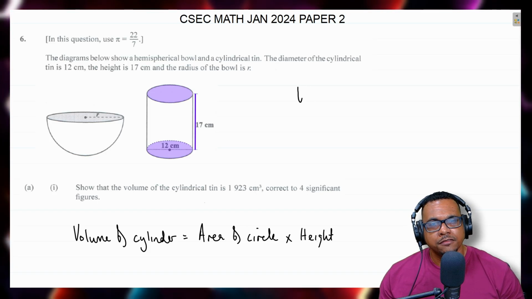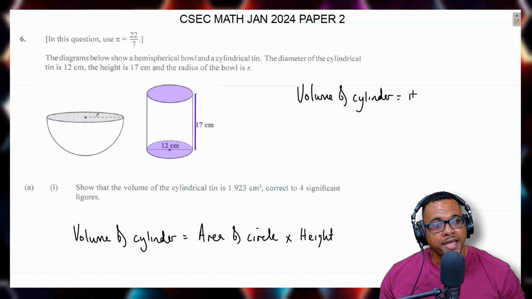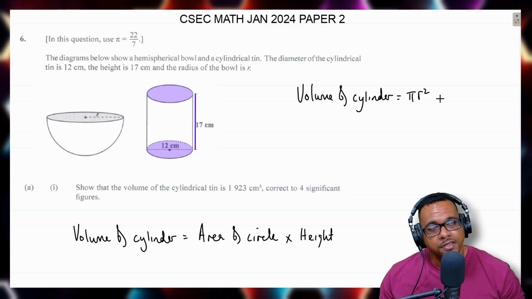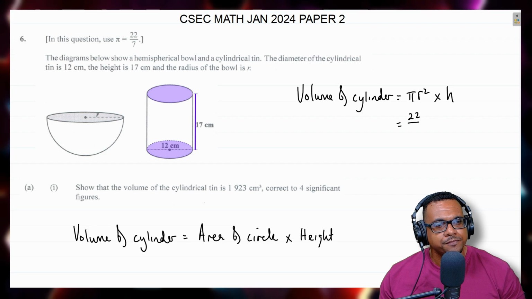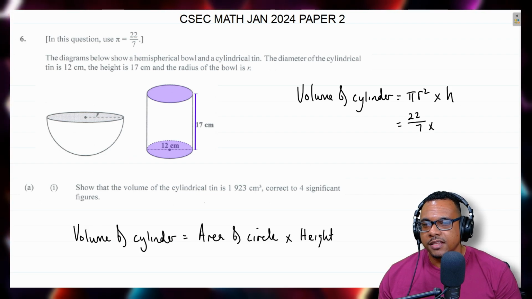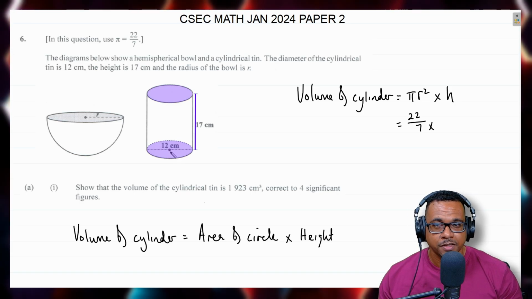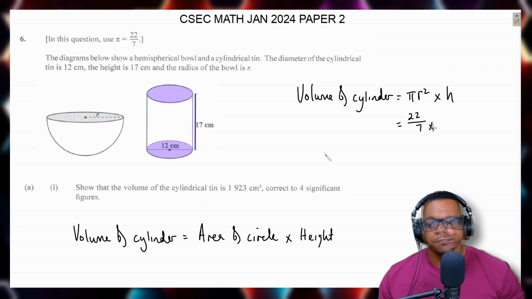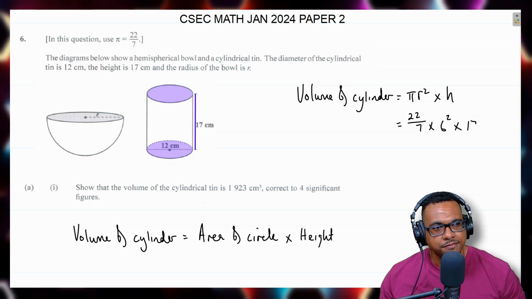So that's going to come up here, volume of cylinder is equal to pi r squared, which is the area of the circle, multiplied by the height of the prism. So pi is 22/7. Multiplied by r squared, and the radius now, here they give us the diameter, which is 12, and you know the radius is half the diameter, so the radius will be 6. So we have 6 squared multiplied by the height, which is 17.